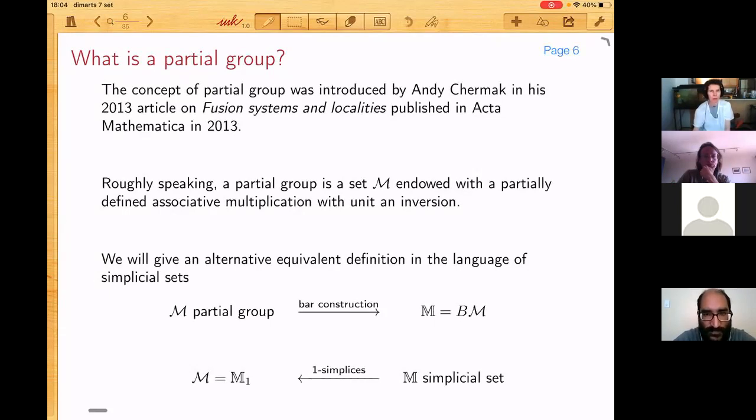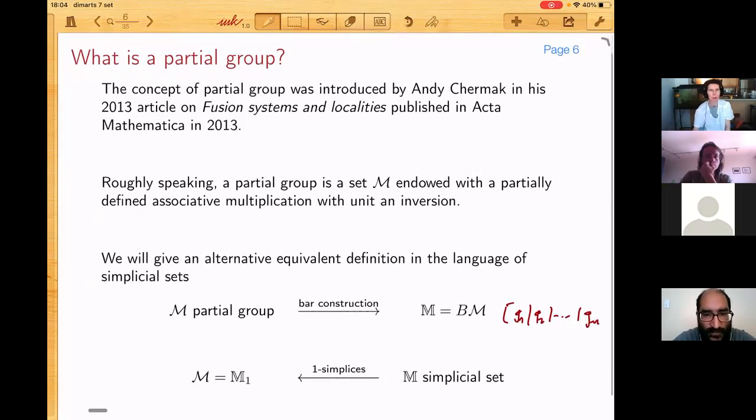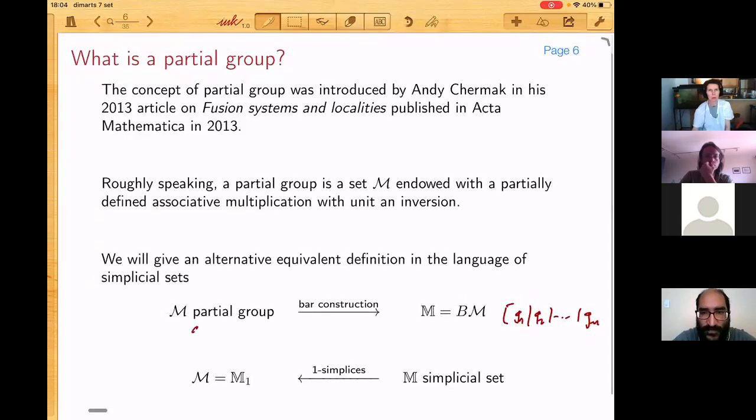So essentially, to a partial group, we attach a simplicial set, which is the classical bar construction, essentially, right? So simplices here are written like elements [g1, g2, ..., gn], where the gi are elements in this underlying set, right?